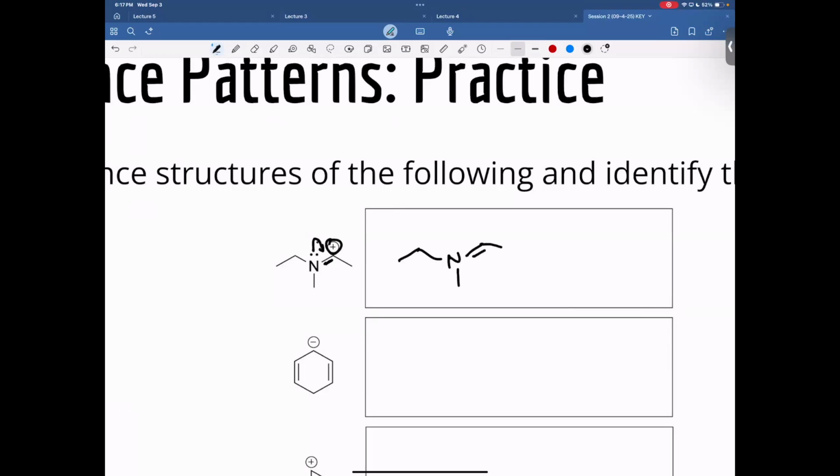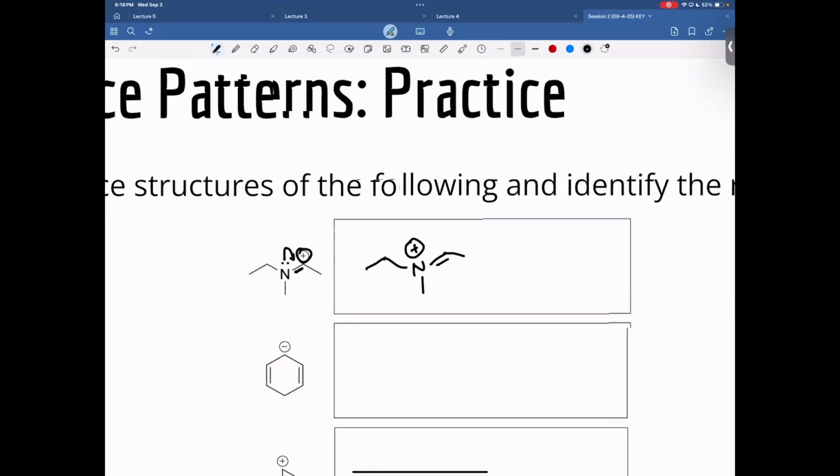Once we've done that, the charge on this carbon disappears because now this carbon has a full octet, 8 electrons. But if we look at this nitrogen, we're now sharing the lone pair with the carbon atom, making it more positive. So the positive charge from the carbon shifts to the nitrogen atom. Does that make sense?